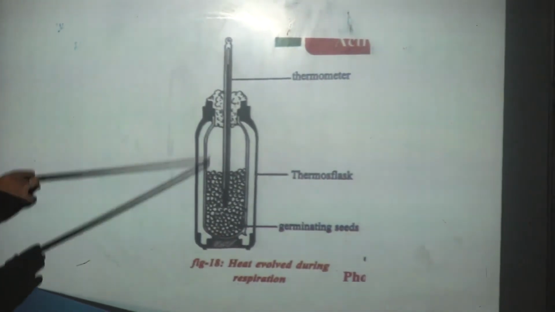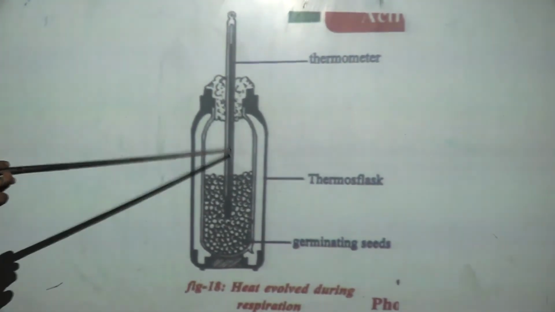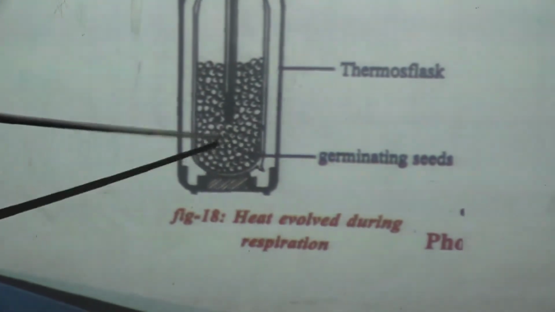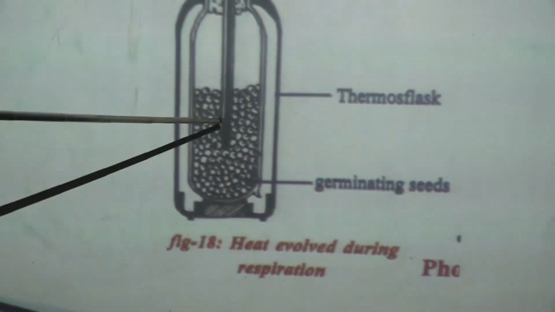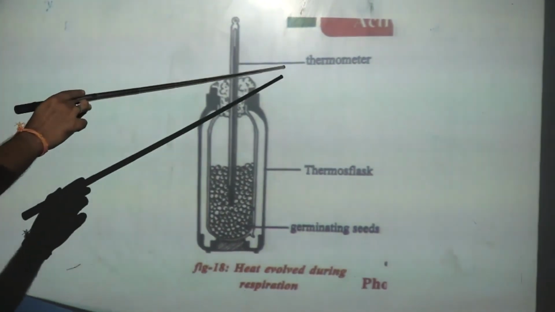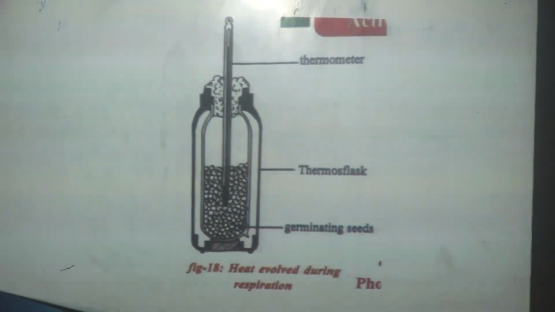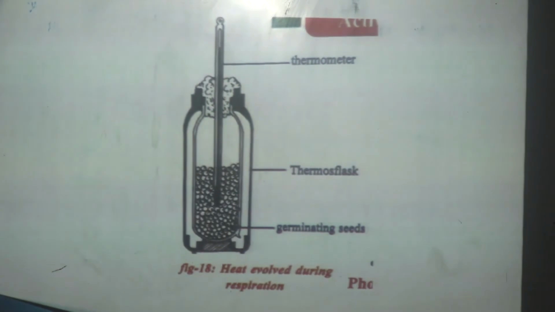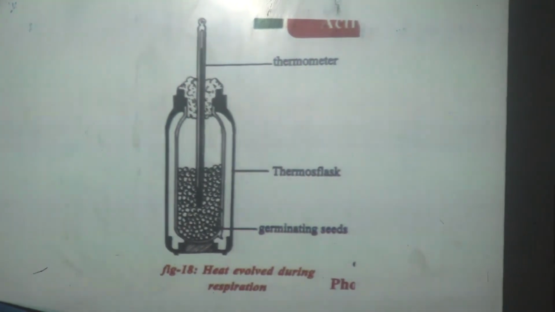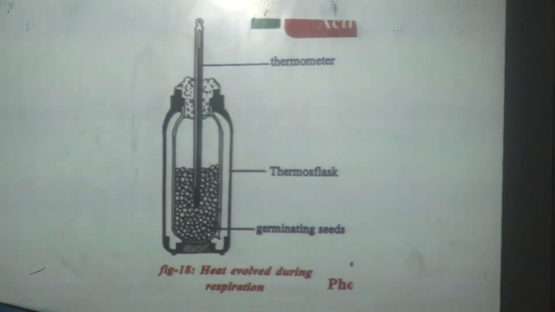By means of that, there is no chance of the heat escaping outside, so the heat will be present here in the thermos flask itself, and with keen observation you can definitely see the rise in temperature on the thermometer. By means of that experiment, you can say that heat is evolved during the process of respiration, which is important for 4 marks.